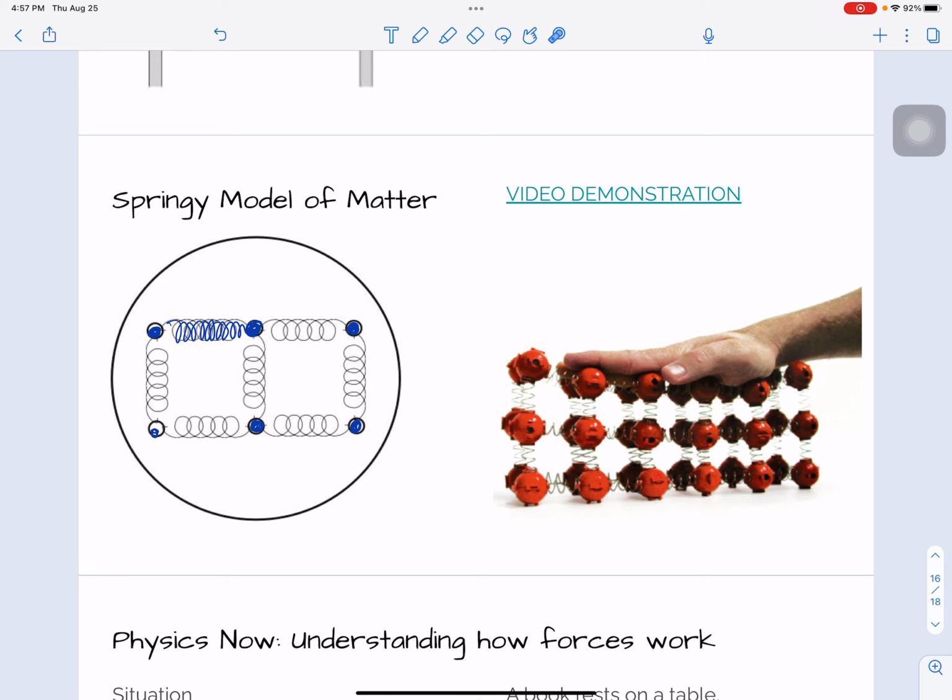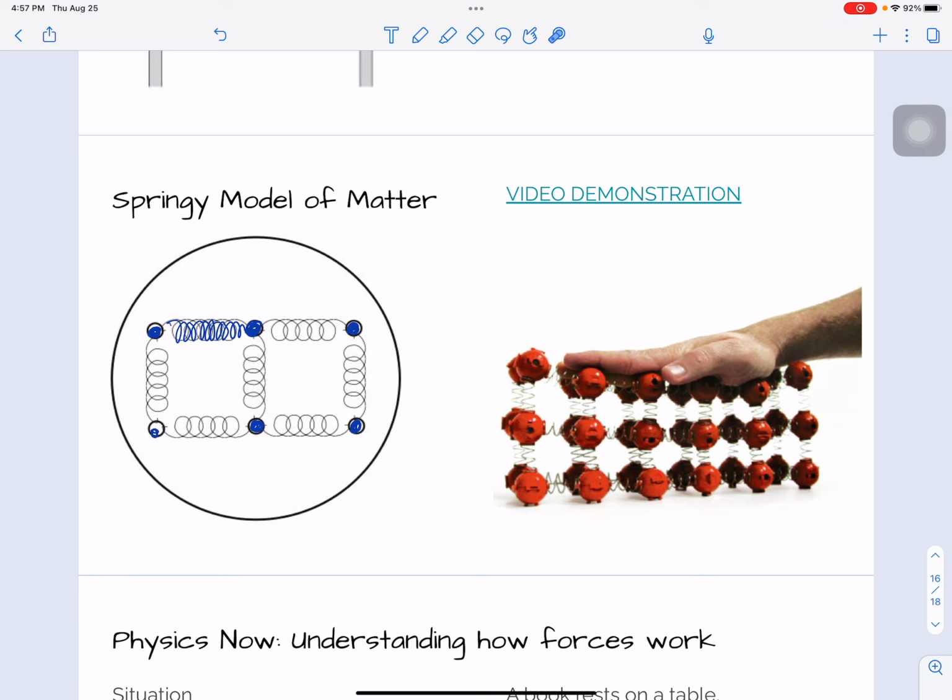Now, the positively charged nuclei, as well as the electrons, don't want to be compressed together, and so they push back. And so the hypothesis is that all matter is actually made of these hard nuclei attached by springs that can be stretched or compressed.